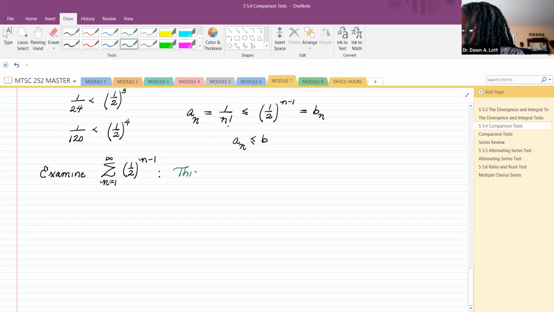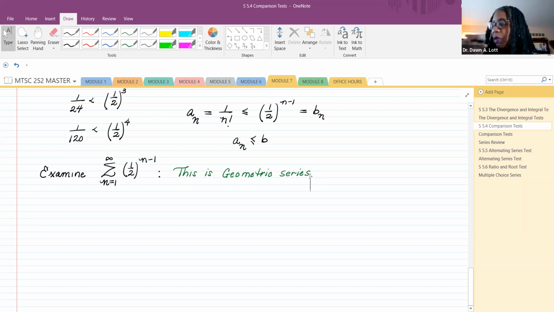This is the geometric series with a nickname. This is a geometric series. And what do we know about geometric series? Okay, so here A is 1 and R is equal to 1/2. So that implies what? Does this series converge or diverge?